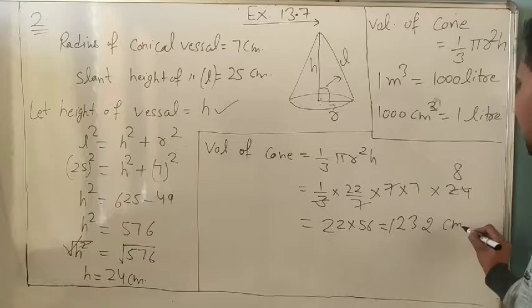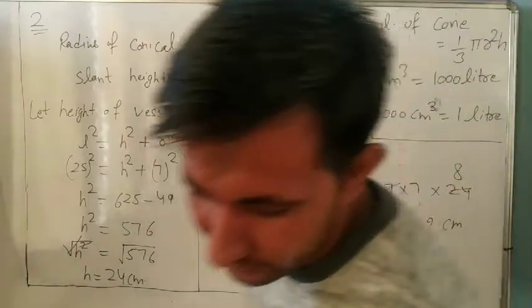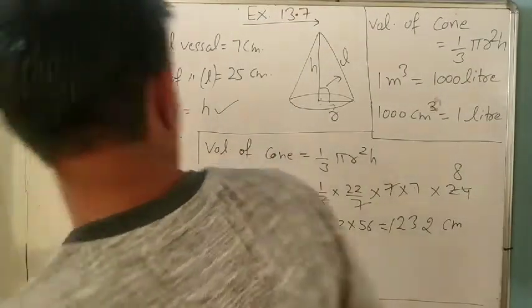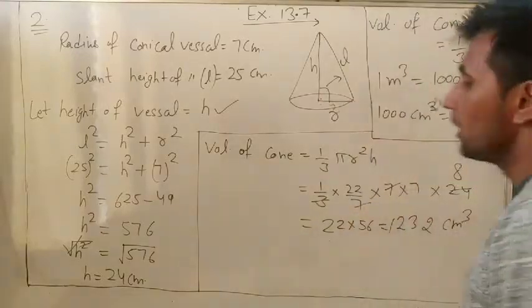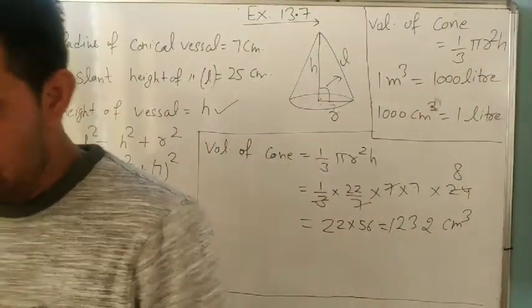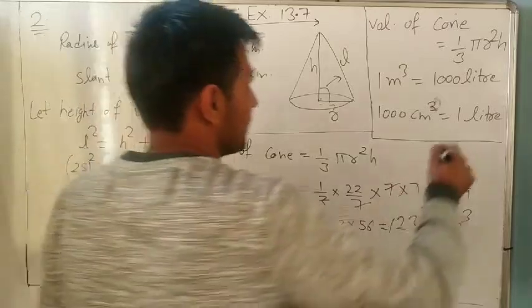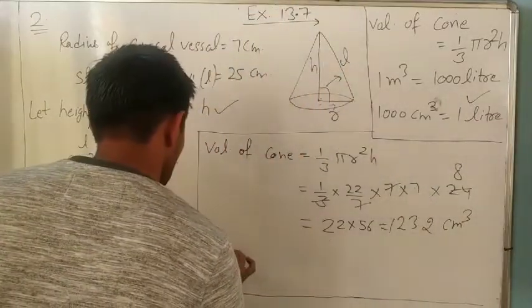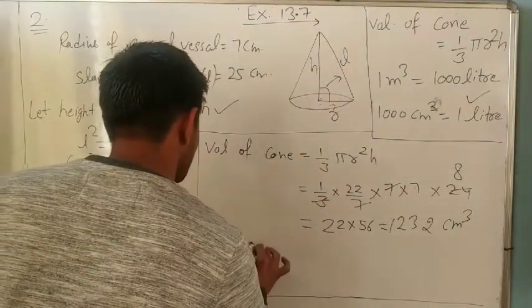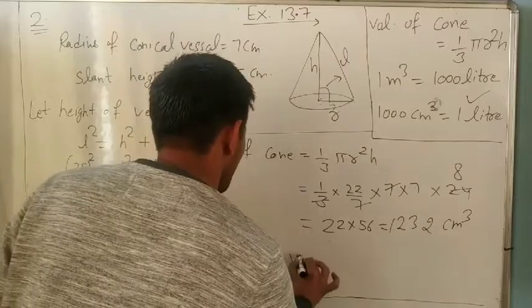This one is centimeter. What is given? These are in centimeter or meter? These are given in centimeter, so centimeter cube. We have to find capacity in liter. So write capacity of vessel.